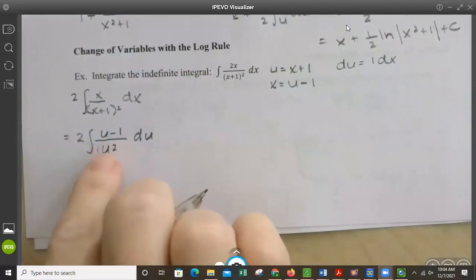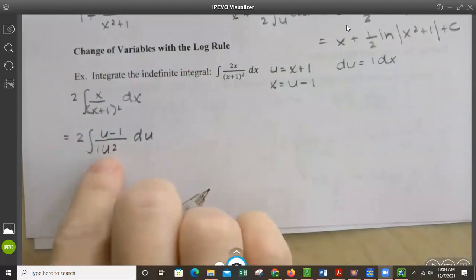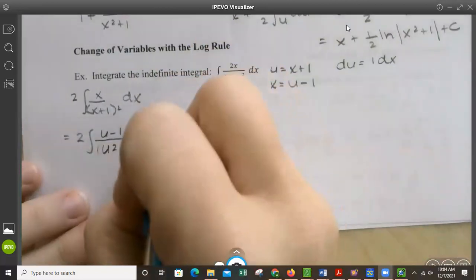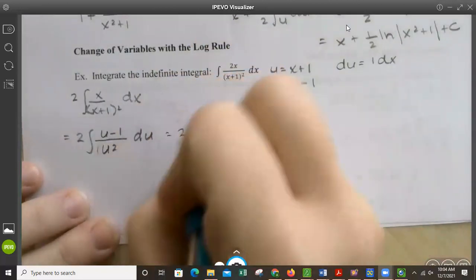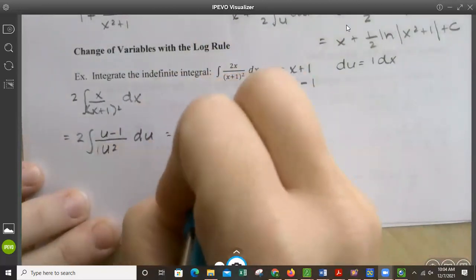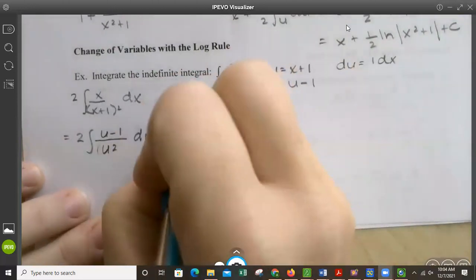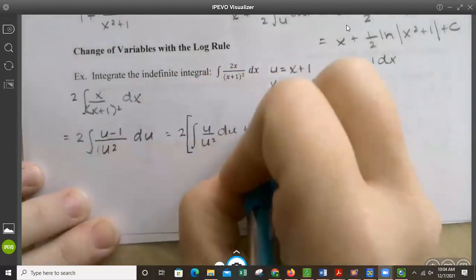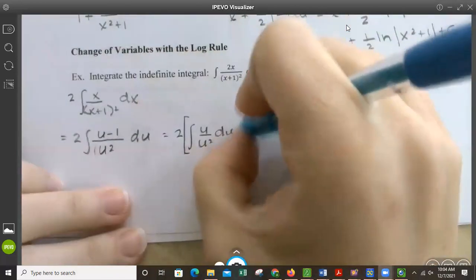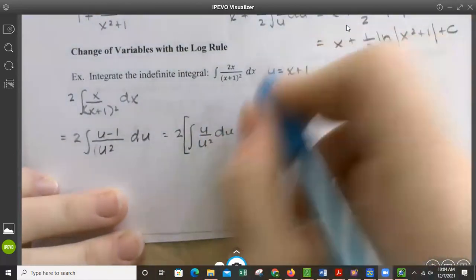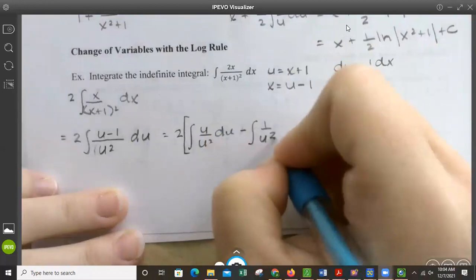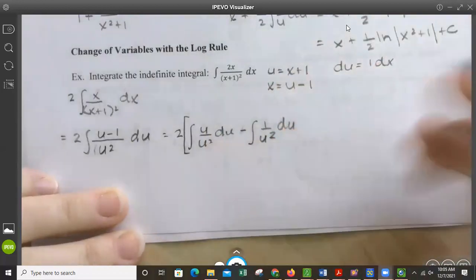How do I work this? Say it again. Split it up. U over u squared du plus, not plus, but minus the integration of 1 over u squared du.